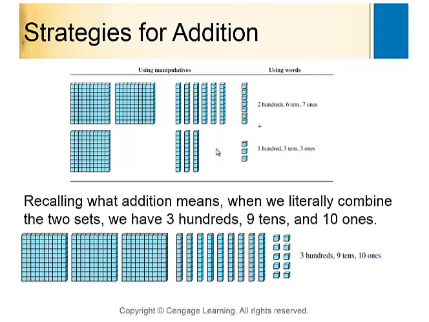And then I have 1, 2, 3, 4, 5, 6, 7, 8, 9 flats here. Adding another flat means that one of these long skinnies makes one of these great big squares. So adding these two numbers would make 400 total, or 4 of these big squares, and then none of these skinny ones and none of these ones.